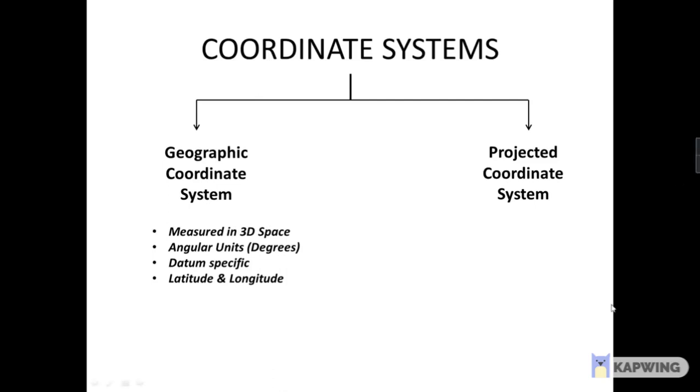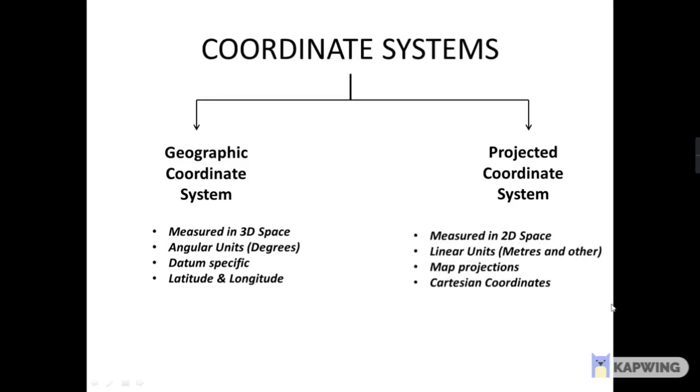When it comes to the projected coordinate system, as its name implies, the term projection refers to the transformation of the coordinate values from a three-dimensional space to a two-dimensional space. That is, the coordinate values which are expressed in the form of angles in decimal degrees or degrees, minutes, seconds are transformed into a unit like meters, kilometers, or feet.